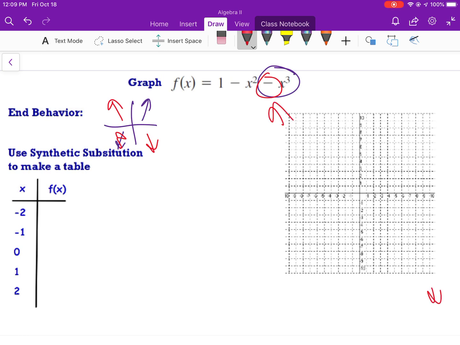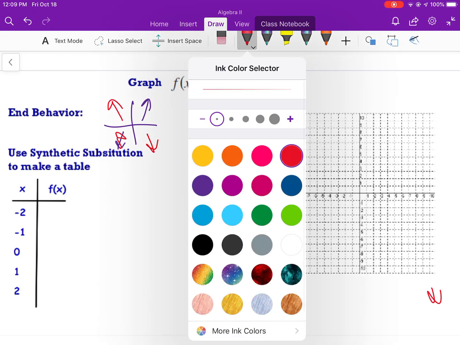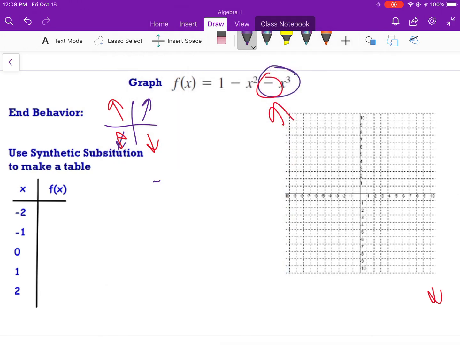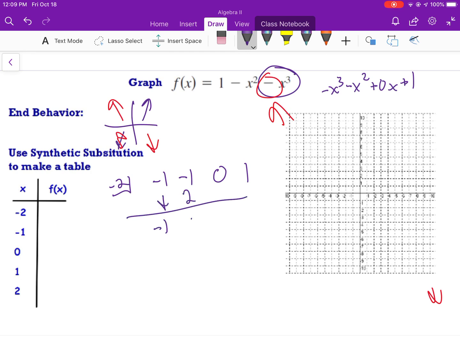Okay. Again, I'll take my synthetic division. I'll go -1, -1, 0, and 1. Make sure that you put them in standard form and have a placeholder for that x. Put in -2. Multiply, add, multiply, add, multiply, add, and I get 5.